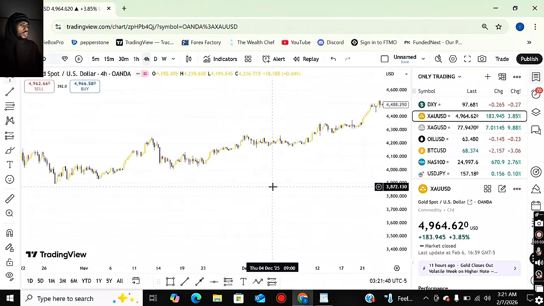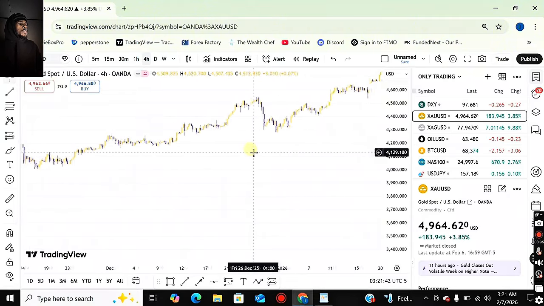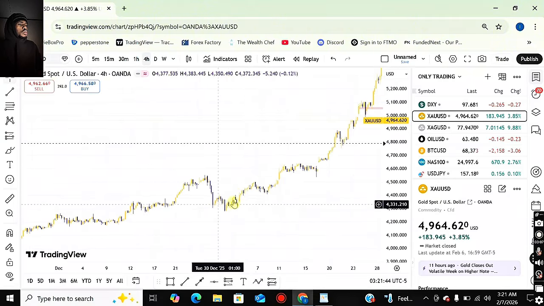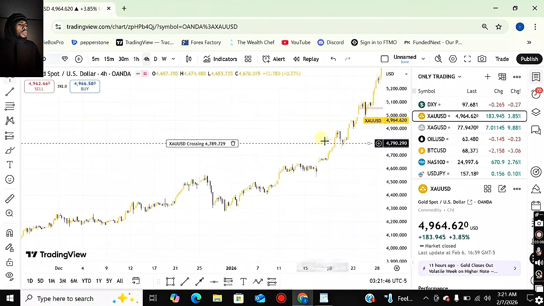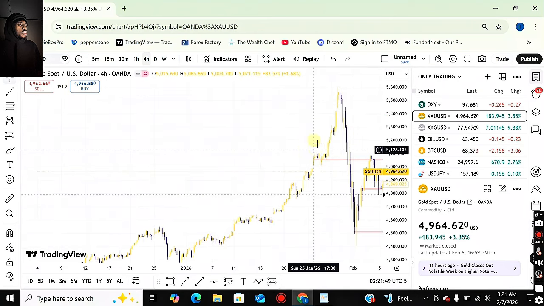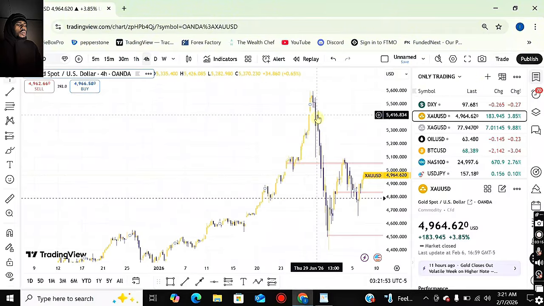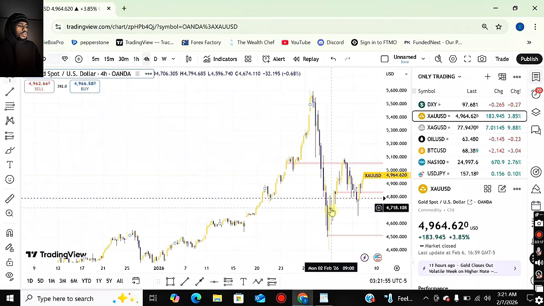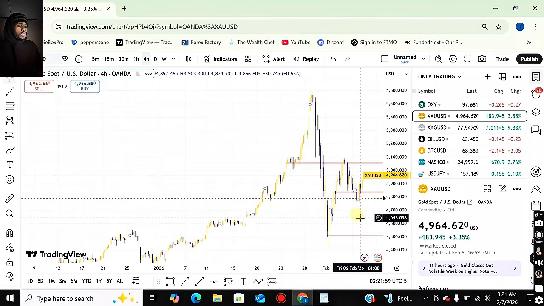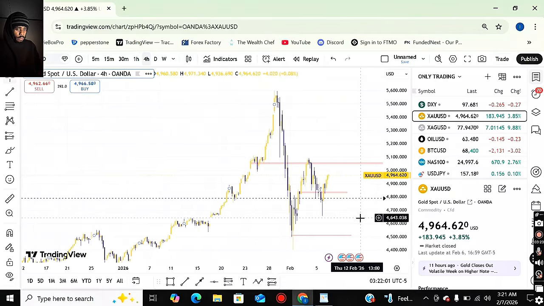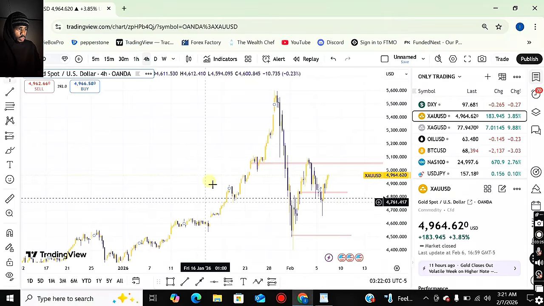So for instance, we'll consider this over here to be an uptrend. This is an uptrend and it played out so good. This right here is a downtrend. Price went down, right? Uptrend, downtrend.